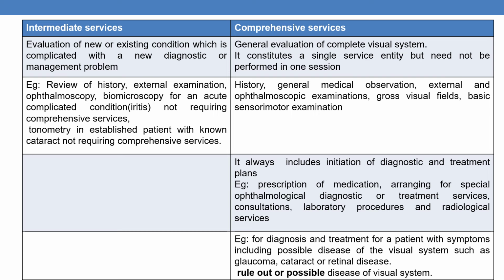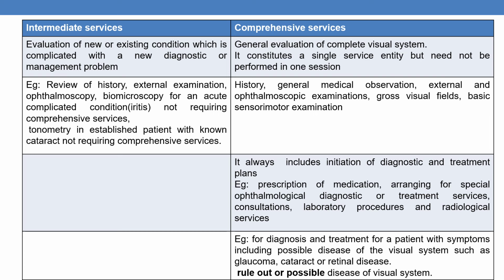And the comprehensive services generally include history, general exam, medical observation, external and ophthalmoscopic examinations, gross visual fields, basic sensorimotor examination, etc. And they always include initiation of a diagnostic or treatment plan. Initiation means beginning of any diagnostic or treatment plan. For example, prescription of medication, arranging for special diagnostic or treatment services, consultations, laboratory procedures, and radiological services.